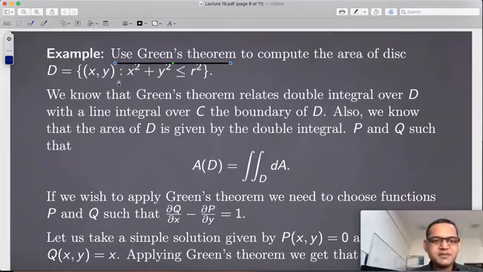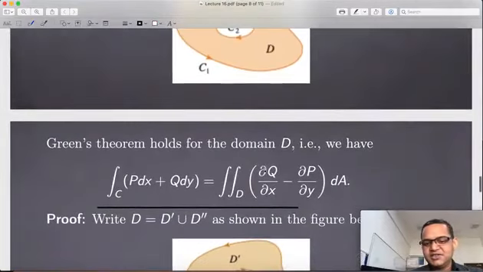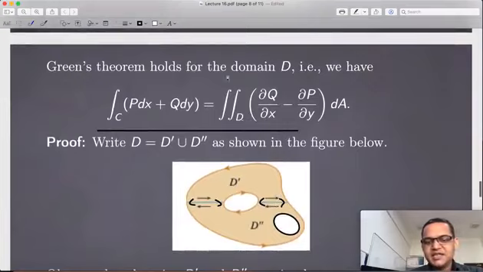For example, if I take the nice situation that D is a disk of radius R. This is precisely because Green's theorem, on one side, has a double integral. If this function is constant, then what you have is the area of D. So this has to give us the area of D, and this area can be computed.